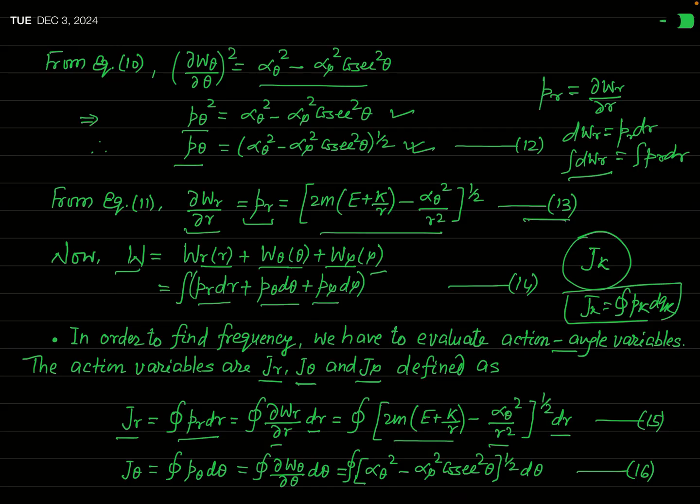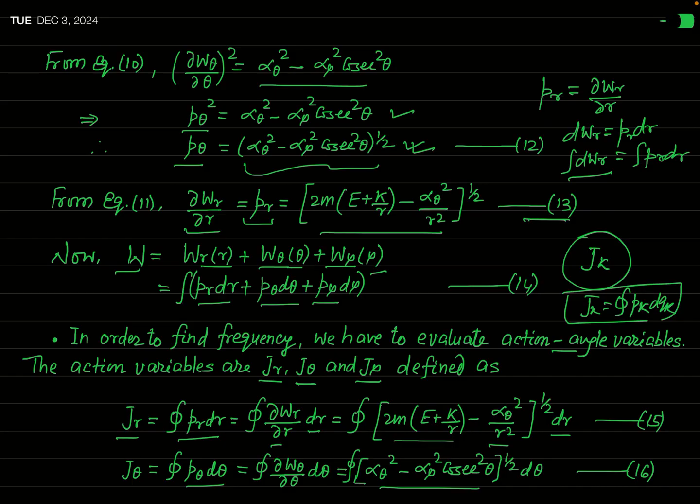And Jθ will be defined as the integral of pθ dθ for a complete cycle, and you can see this pθ has been defined here. So when you substitute this, this will be the expression for Jθ.